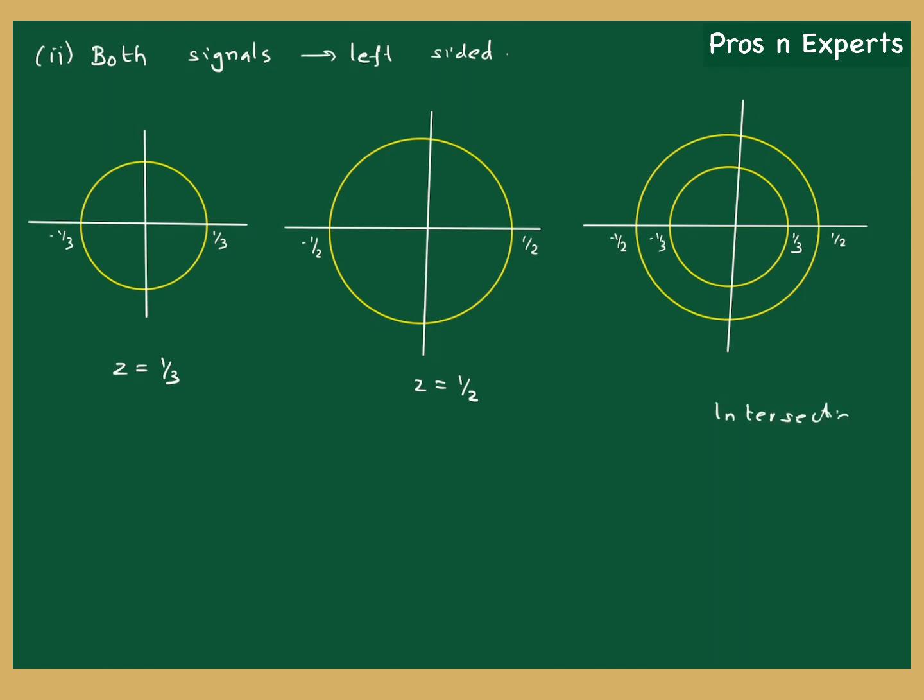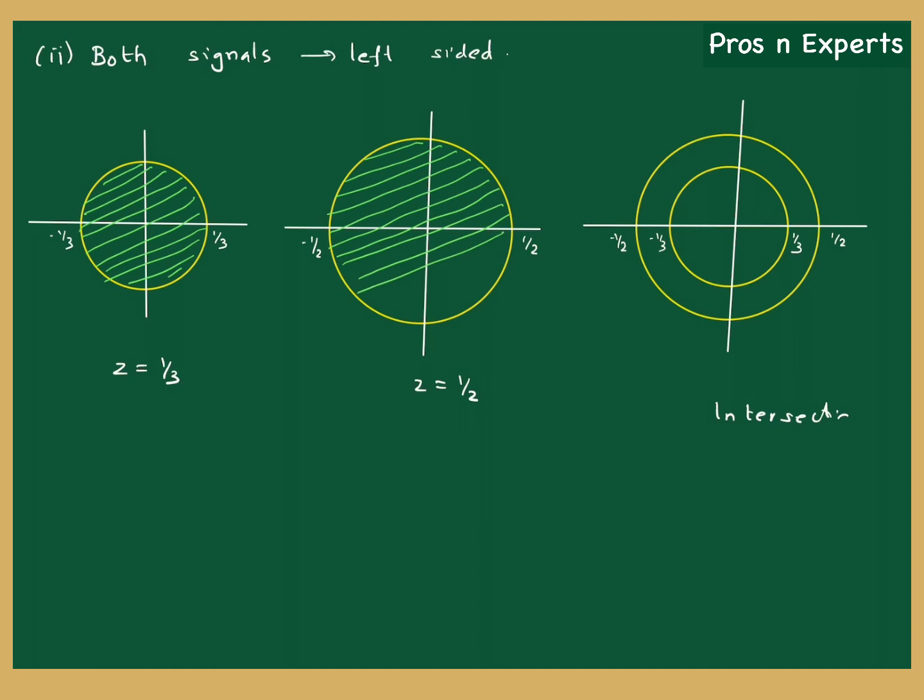In this case, if both signals are left-sided, you can clearly say that the ROC will be inward to the circle, right? A left-sided signal will have an ROC inner to the circle. So here also, if this term contributes to a left-sided signal, then its ROC should be like this.